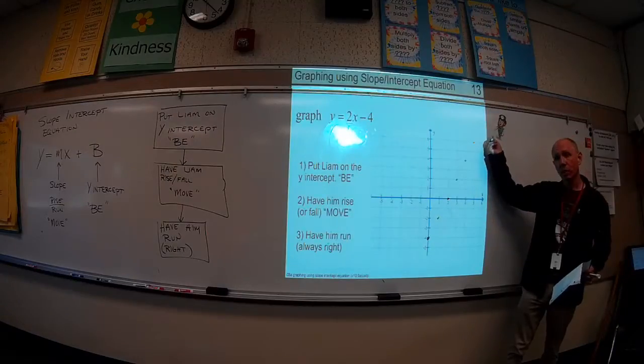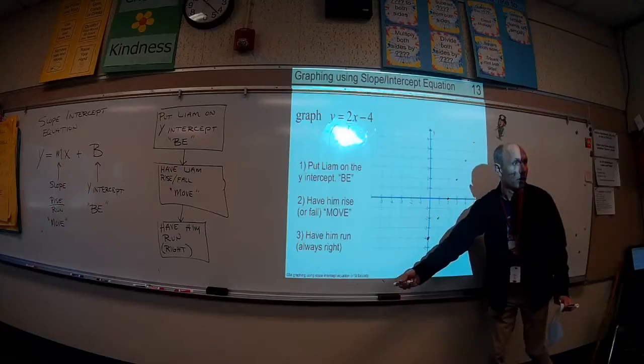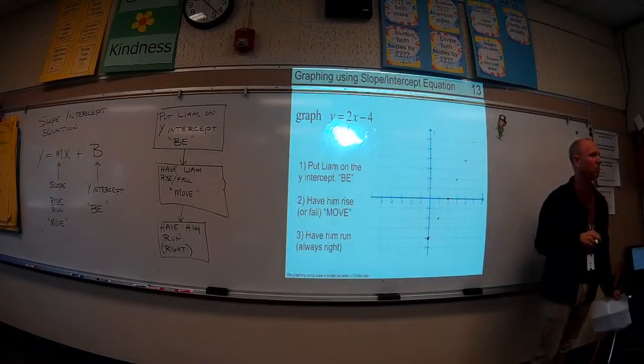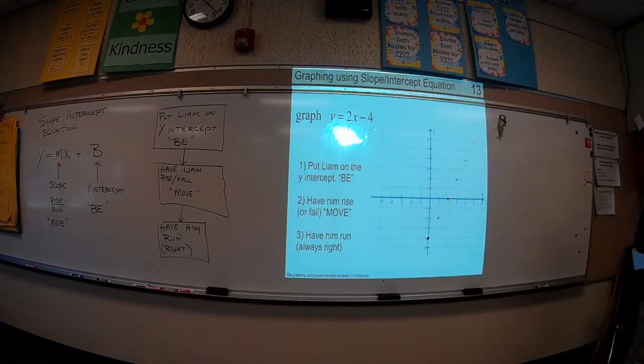Once you run out of paper this direction, or out of graph, have him go the other way. Just follow the pattern. Instead of going up 2, he can go down 2. Connect it up all the way through.